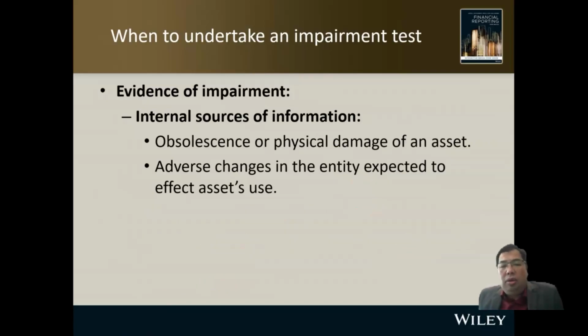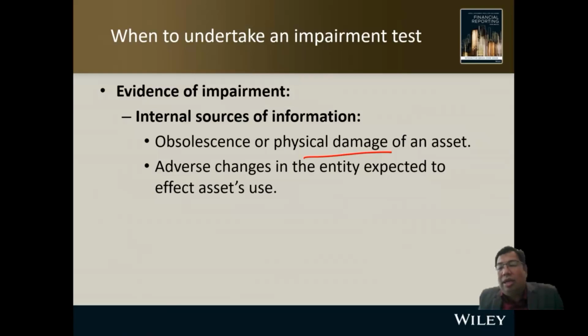For internal evidence, as the user, as the owner of the assets, we know sometimes there is obsolescence or physical damage on the asset. If you have vehicles involved in accidents, there must be a loss in value of those assets.